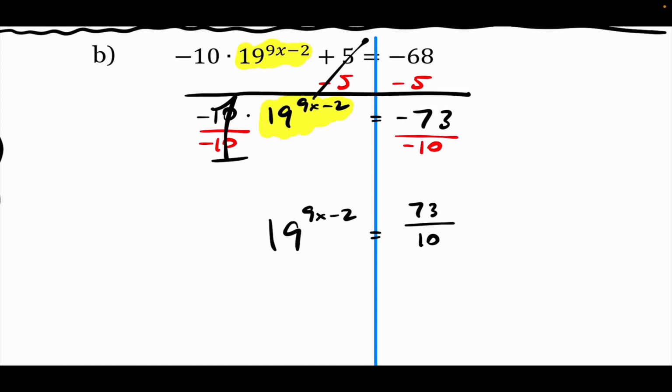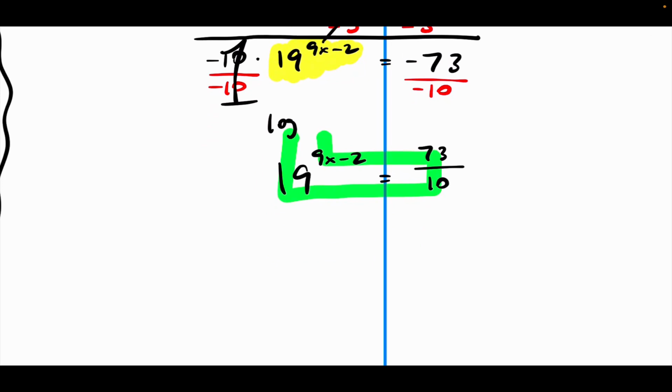Okay. Log. So I have log base 19 of 73 over 10 equals 9x minus 2.